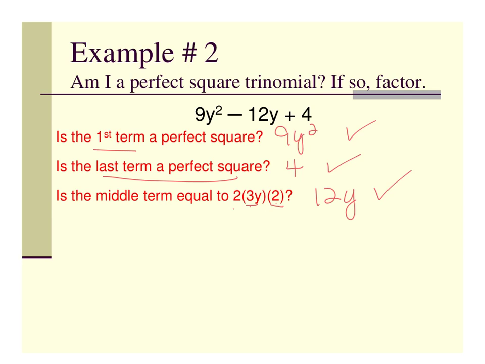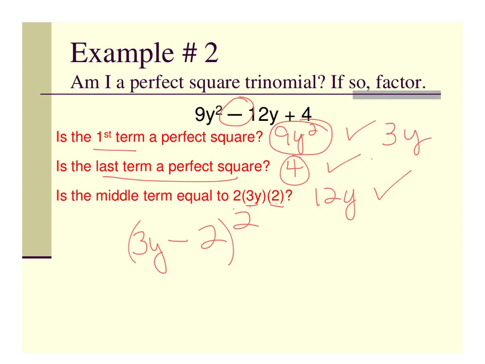So yes. So now, if it is, all you have to do is factor it. It is the binomial squared. The middle term is negative, so there's a minus sign between them. And now all I have to do is take the square root of the first term, which is 3y, and the square root of the second term, which is 2. And we're factored.